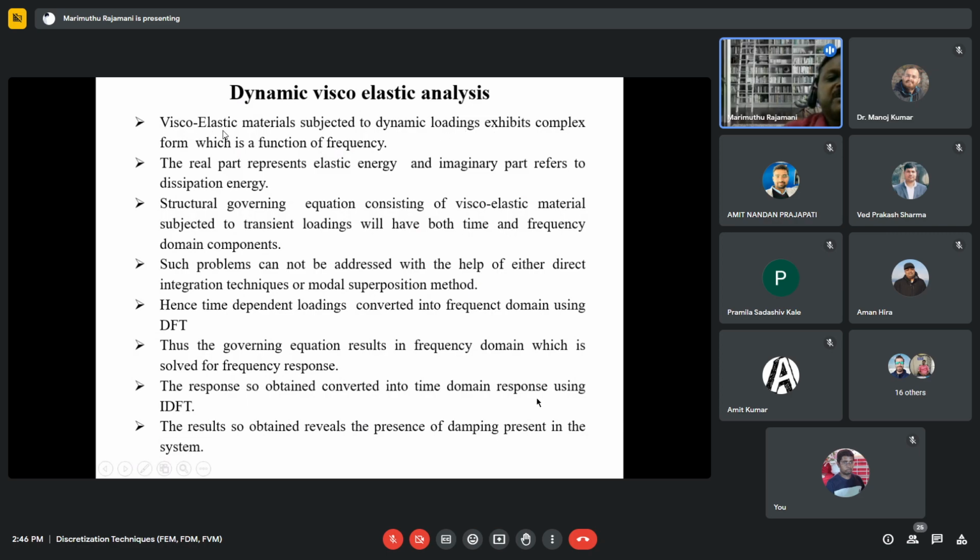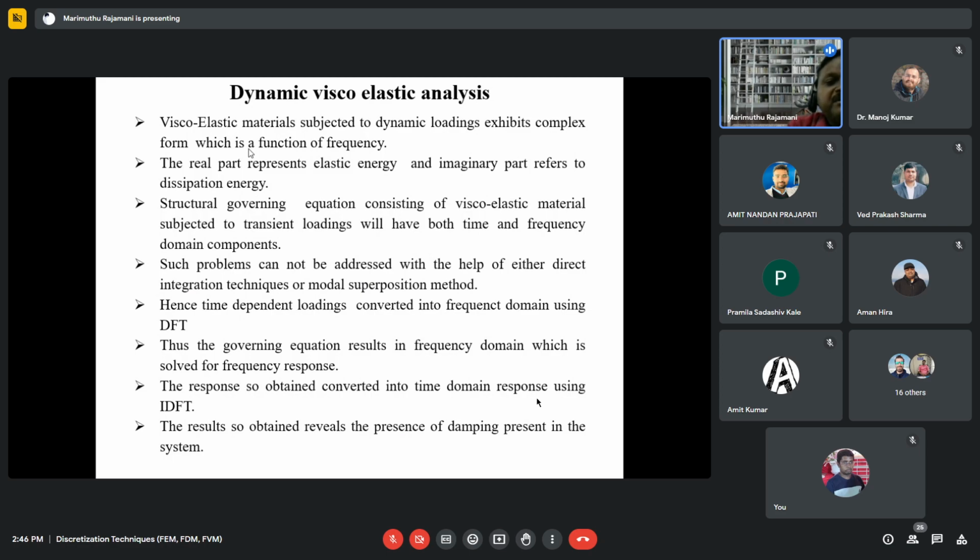A viscoelastic material subject to dynamic loading exhibits a complex form, which is a function of frequency. When it is subjected to time dependent loading, damping should happen.